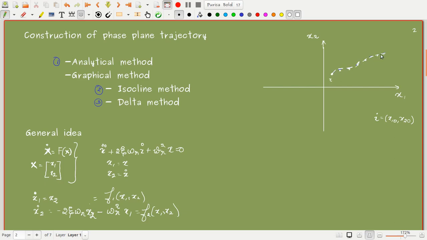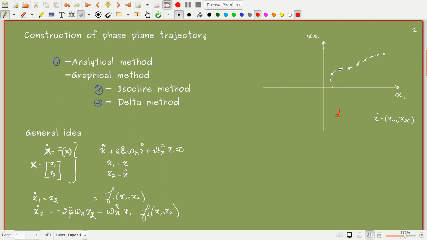So we mark the slopes of the system at different points in space. If you are given an initial point here, first you find the slope at this point. What is the slope at this point?